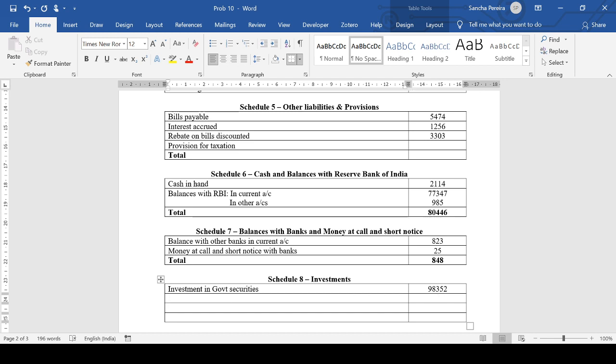Then you have investment in other approved securities, which is 378.04.